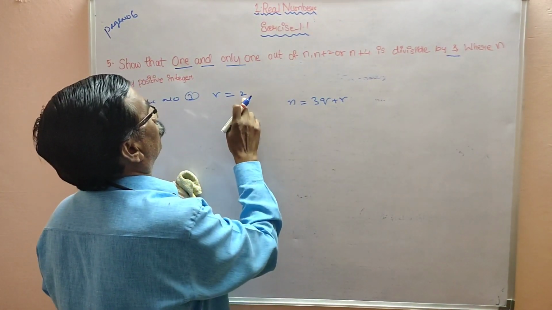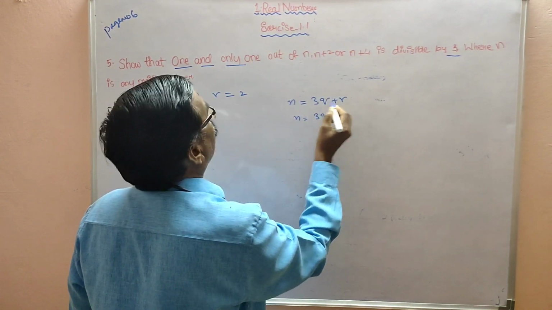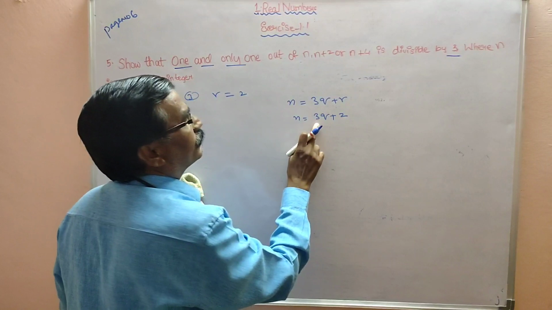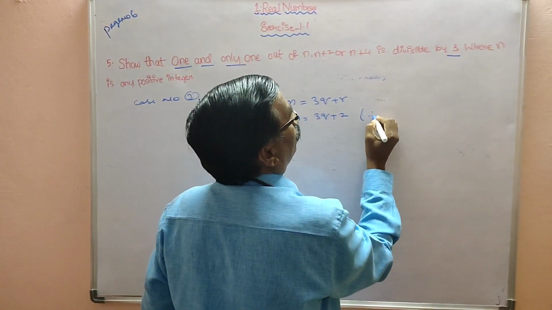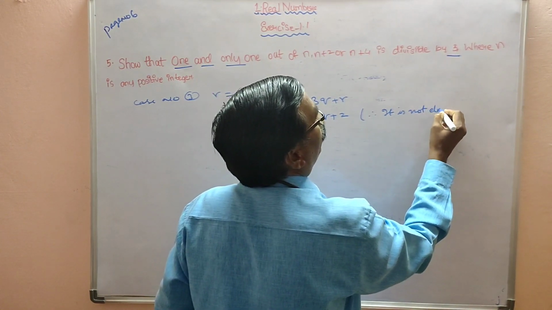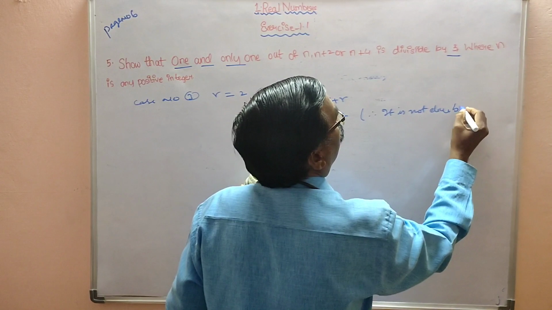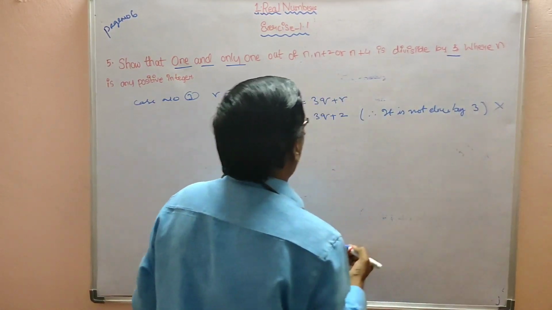So r equal to 2, n equal to 3q plus 2. Here this 3 is divisible by 3, this 2 is not divisible by 3. So therefore it is not divisible by 3.